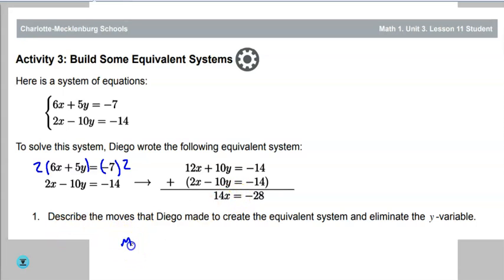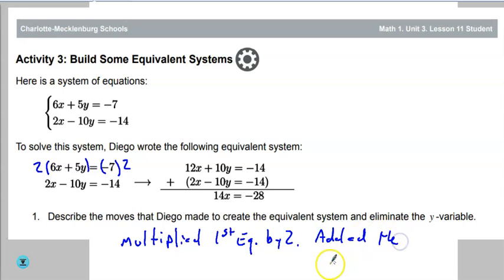So describe, he multiplied the first equation by 2 and then added the two equations together. Yeah, so he multiplied the top equation by 2 and then took the new equation and added it to the second one.